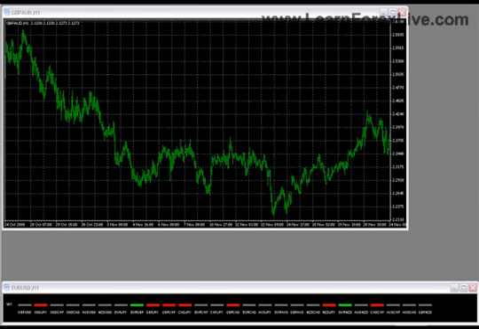It does it automatically for you. Those are the currency crosses where a trend is being called by the trend scanner indicator.